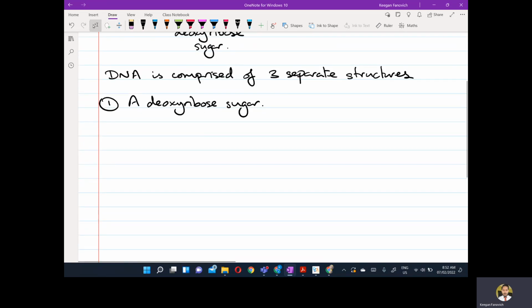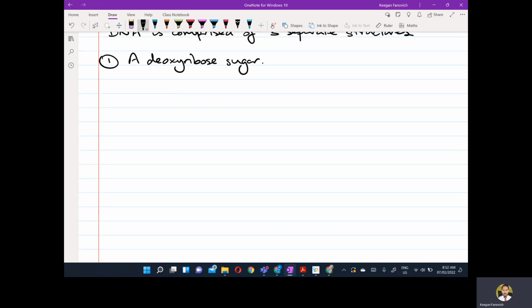Your deoxyribose sugar looks like this. You have a carbon, CH2OH.